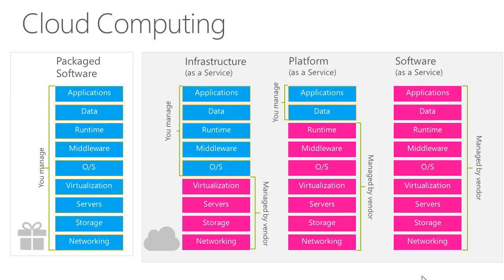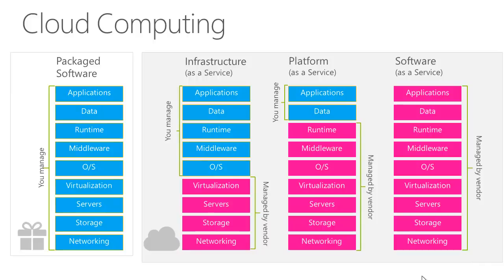If we want something even more driven by the vendors, we move forward to the next one, platform as a service, in which we just manage our applications and the data associated with them. All the other things, even runtime, operating systems, and middleware, are managed by the vendors.